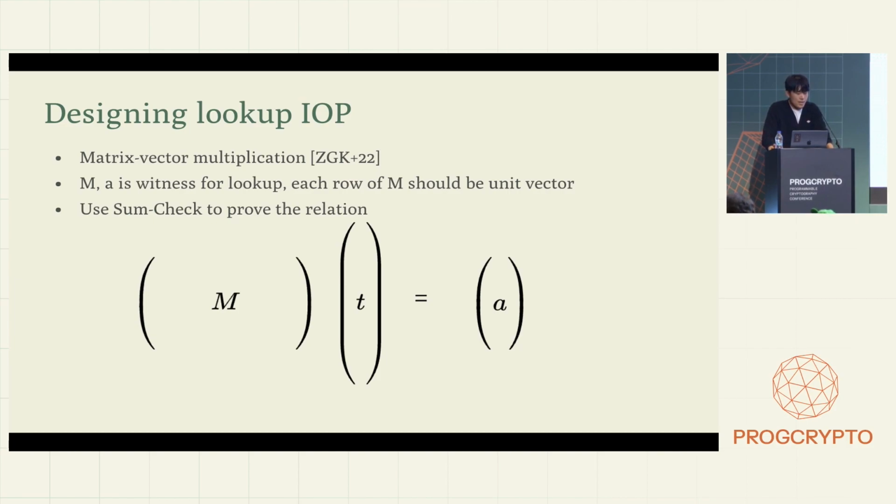M and A are just witnesses for the lookup, and each row of M should be a unit vector that contains only one non-zero element. So we tried to use the sum check protocol to prove this relation.